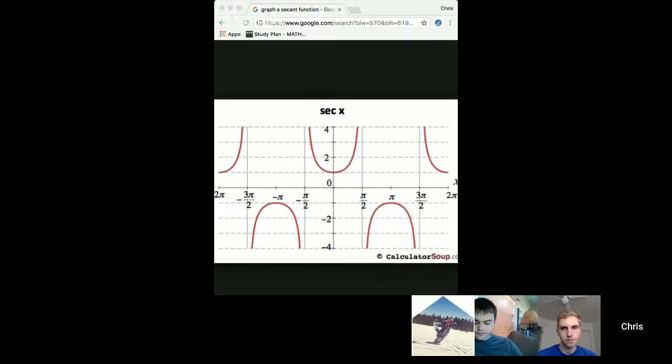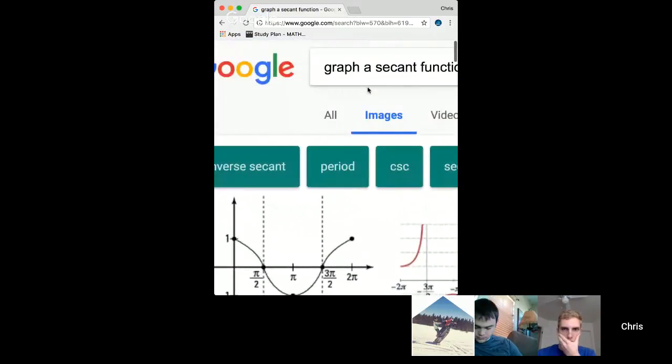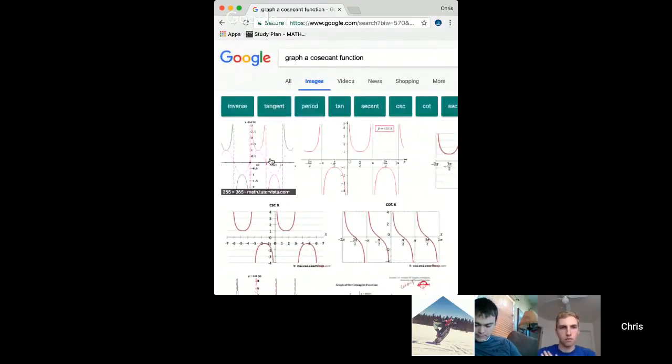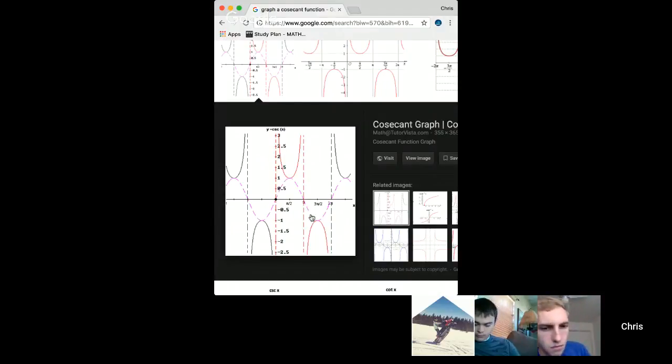And then I'll go for the cosecant. Okay. So this is explaining to you why the cosecant is related to the sine graph, because the upside down and right side up parabolas are following the pits and tops of a regular sine graph.